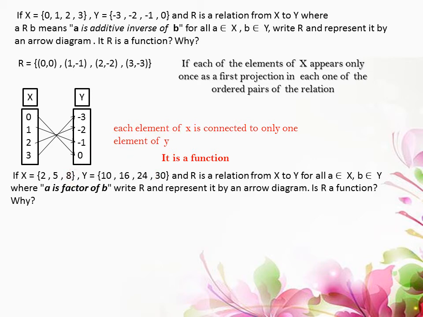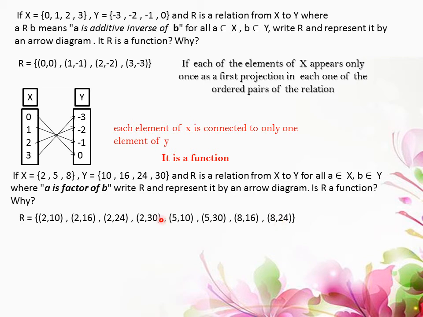So let's write R. R equals {(2, 10), (2, 16), (2, 24), (2, 30), (5, 10), (5, 30), (8, 16), (8, 24)}.